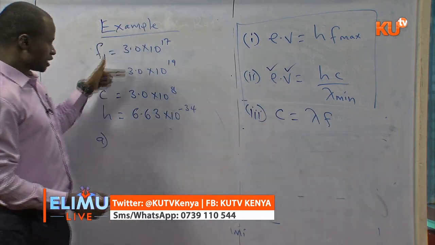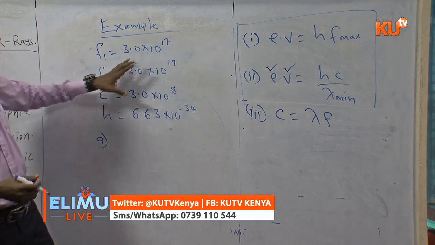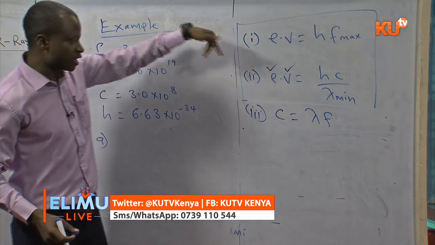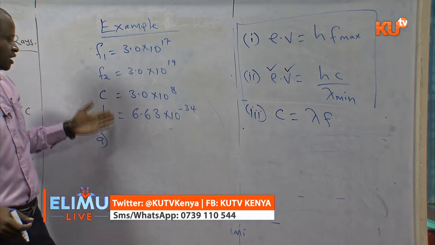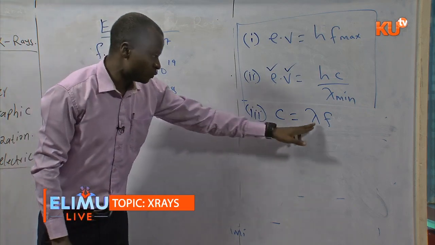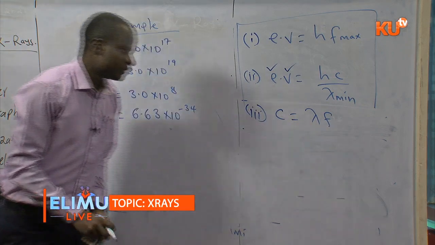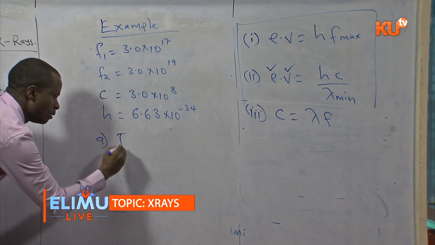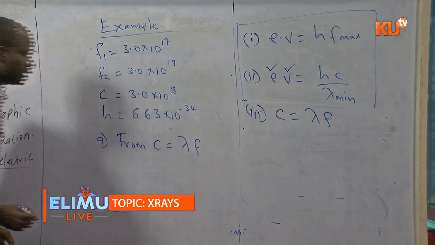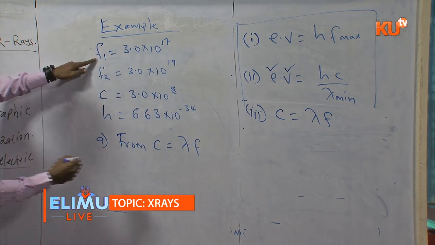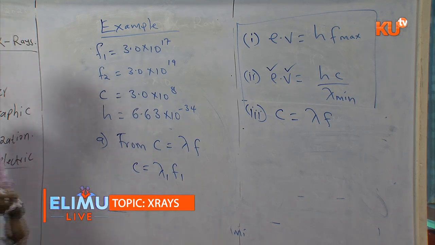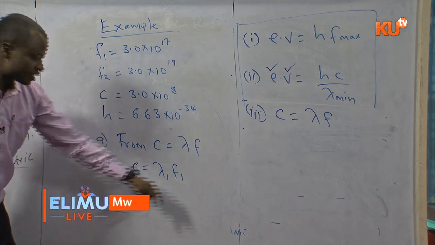So this is the third equation that we need. In our example here, we are not told about the electron volt and the accelerating potential, but we are talking in terms of frequencies, C and H. Therefore, this tells us we need to use C equals lambda F. If I relate this to F1, then I'll say C equals lambda 1 F1, the first wavelength and the first frequency.